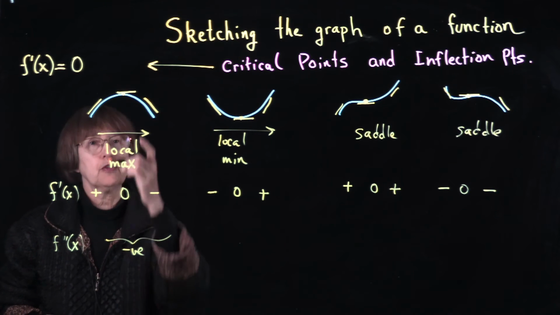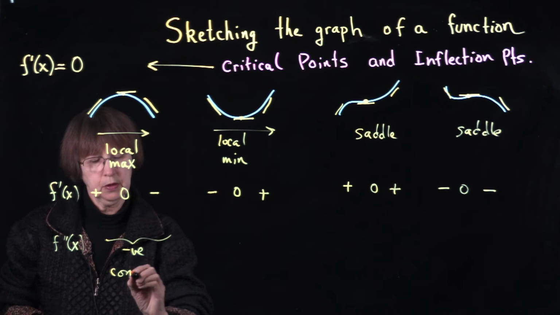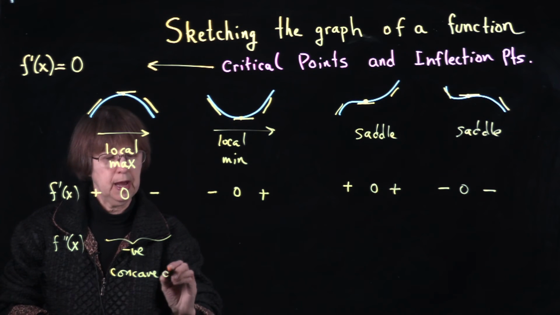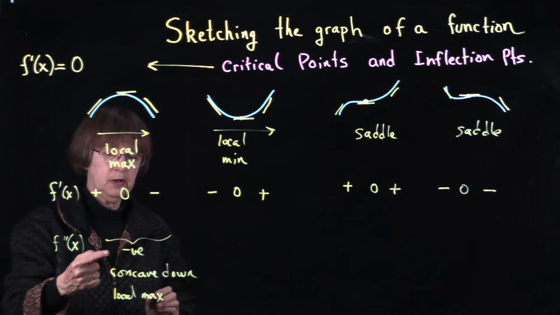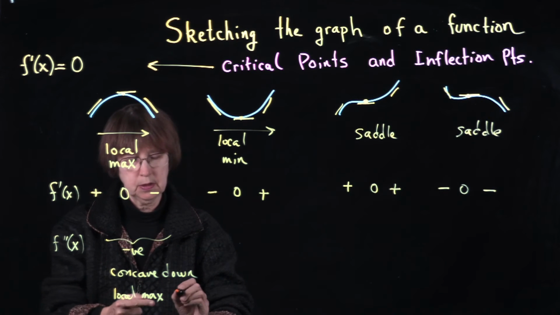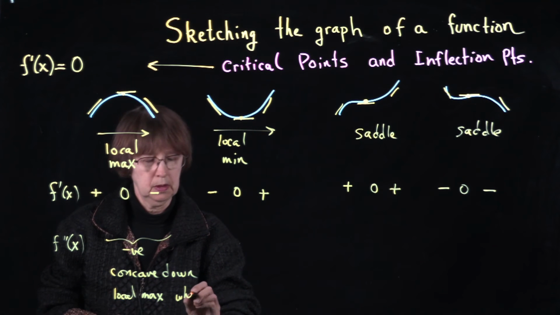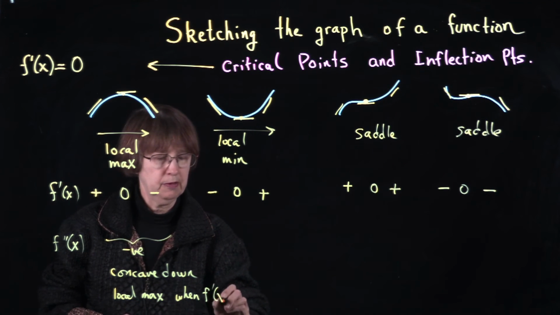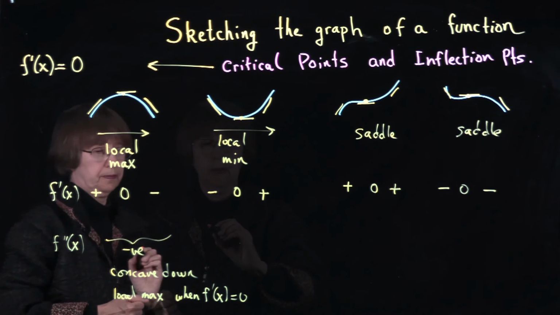Namely, we see that for this case, the graph will be concave down. So the second derivative being negative indicates that we have a local maximum when f prime of x equals 0.